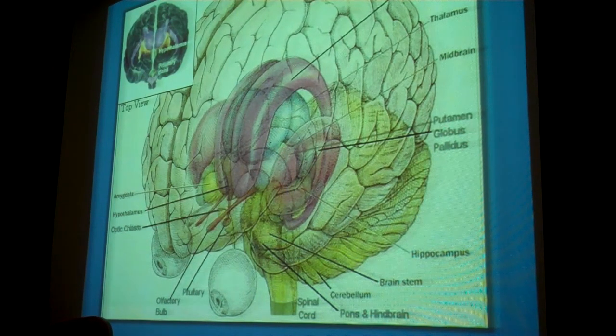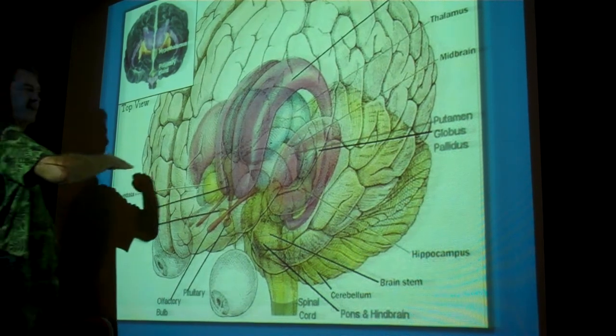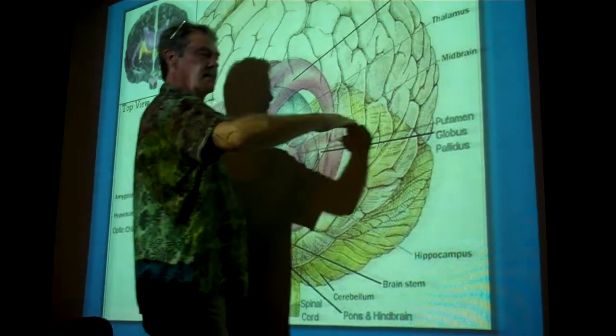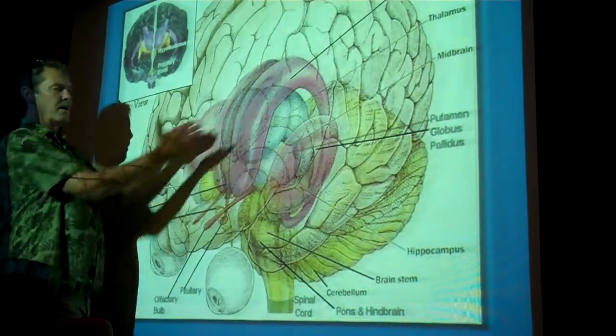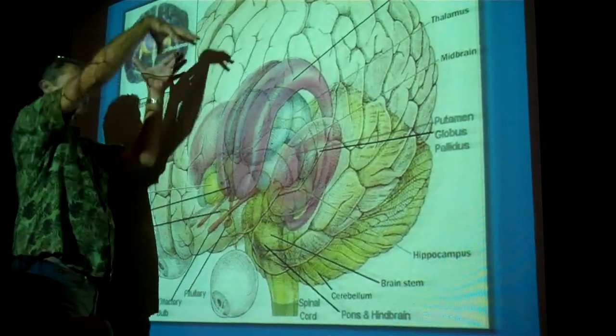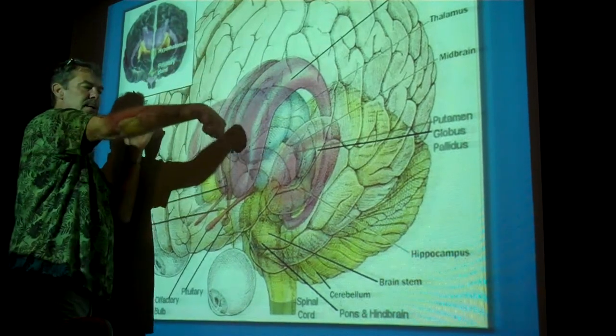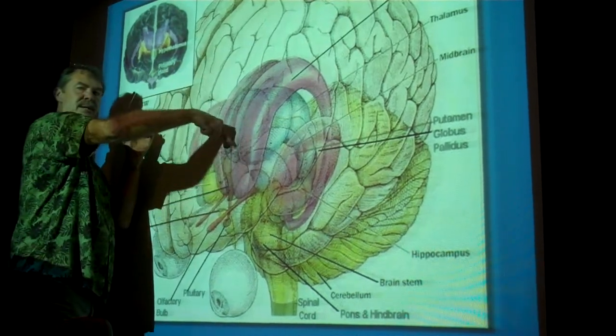You can picture the way it's going to look if we were to slice the brain this way, right through here. We're going to take the top off, and when we look down on it, you're going to see two round areas, one here and the other one over here.